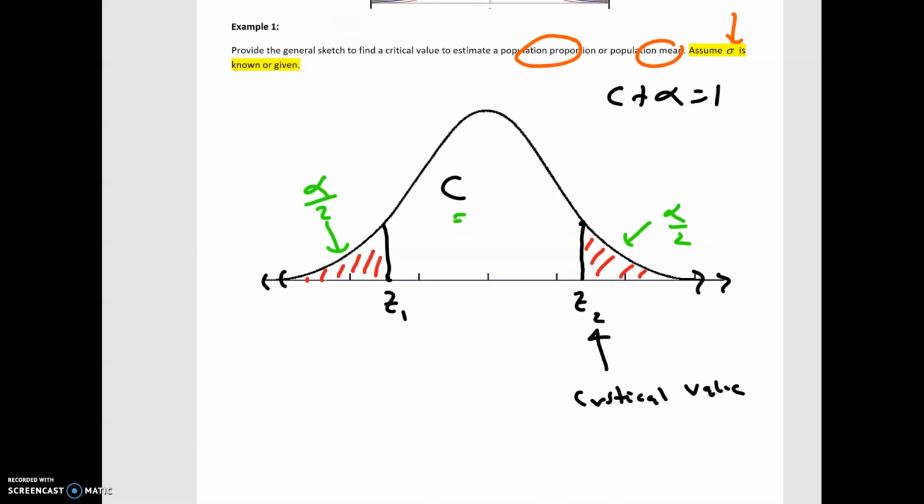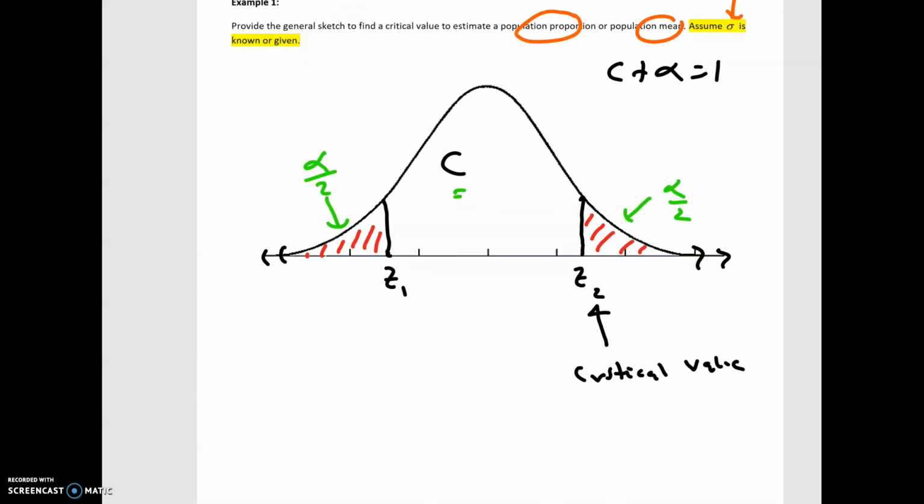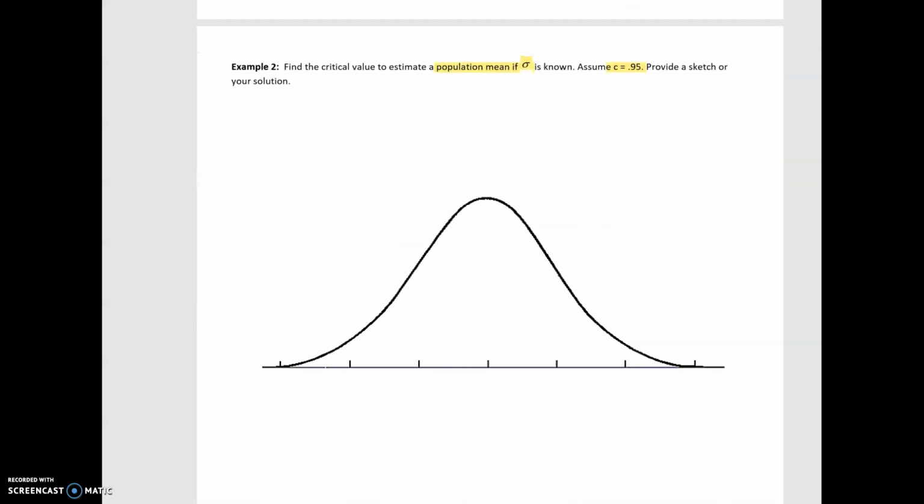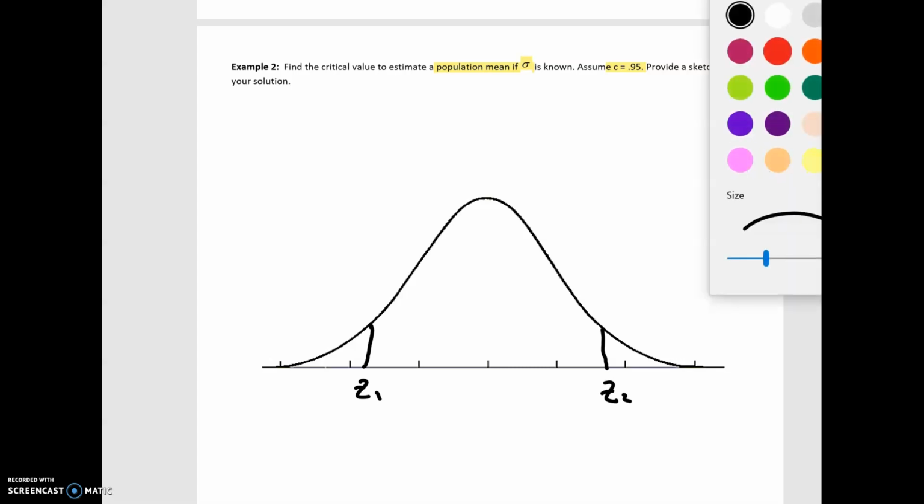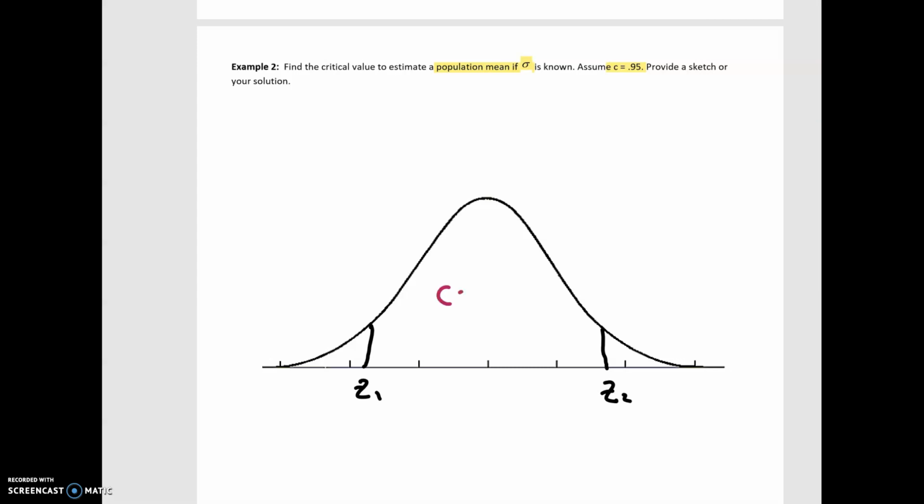In any of these two scenarios, they're going to be actual z-scores. So this is the basic idea. You're going to have the distribution broken down with a critical value, z1, and a z2. Now, c is equal to 95, so let me label this as c equal to 0.95.